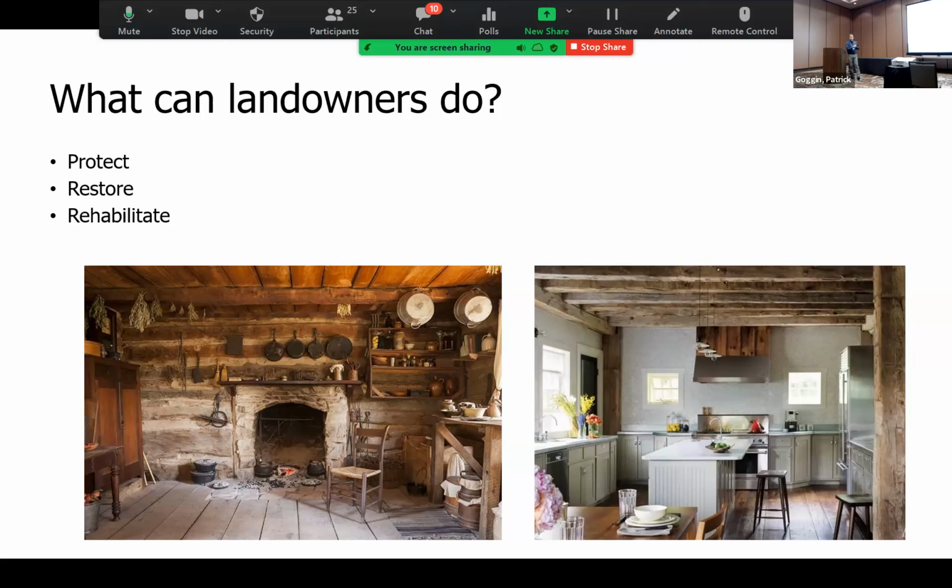So in this case, say an 1800s cabin kitchen, using all the same kind of appliances. Rehabilitation is trying to restore some of that function and composition, but it may not look exactly like the original. And this may be the case for a forested shoreline where it was once adapted to fire disturbance. You may not want to be burning your shoreline on a regular basis. So you might be looking at something that functions a little differently than it did before, but still meets your objectives.